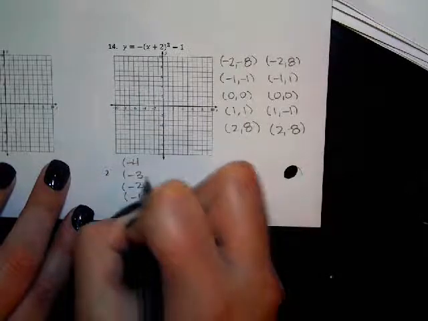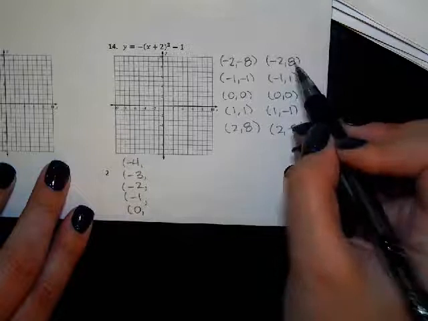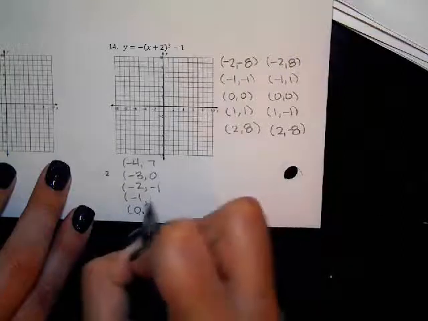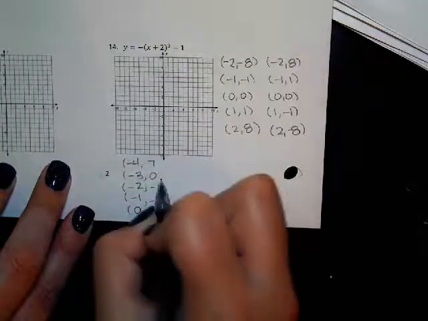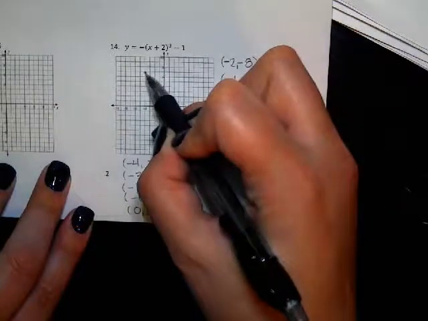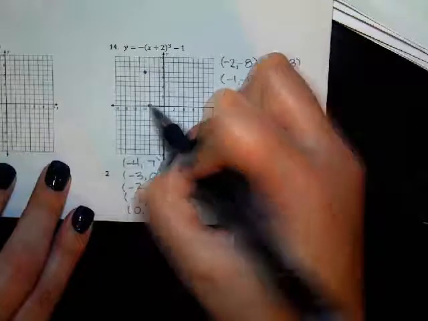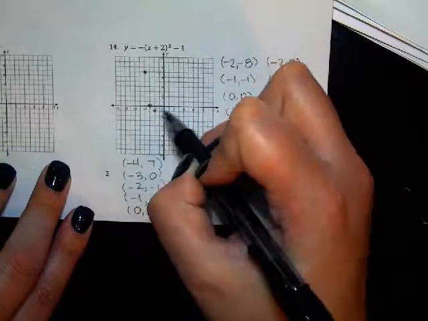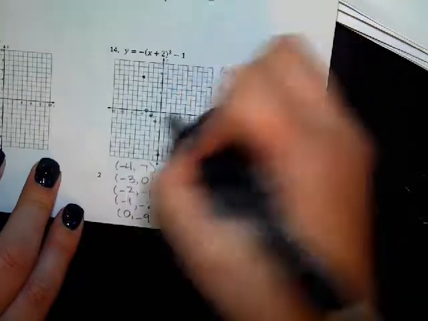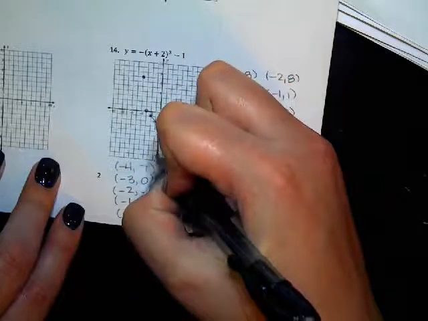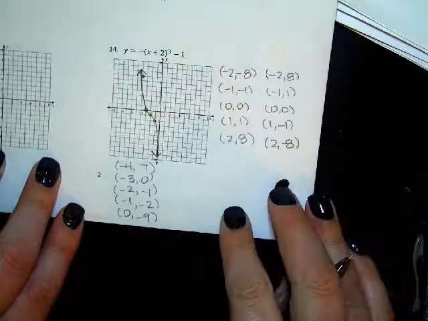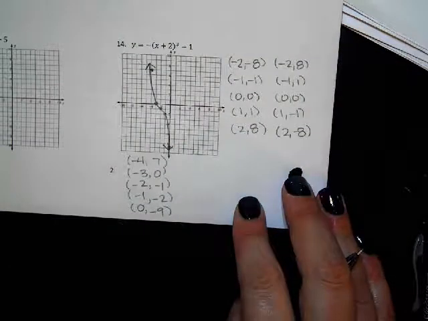So 7, 0, -1, -2, -9. There we go. Boom. Shakalaka. Feel free to quote me on that.